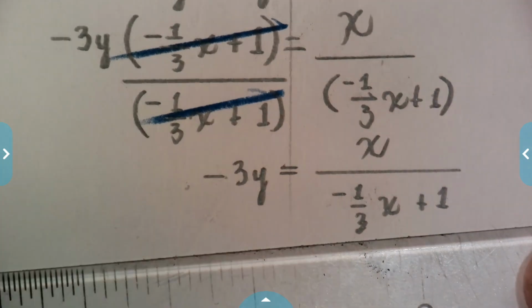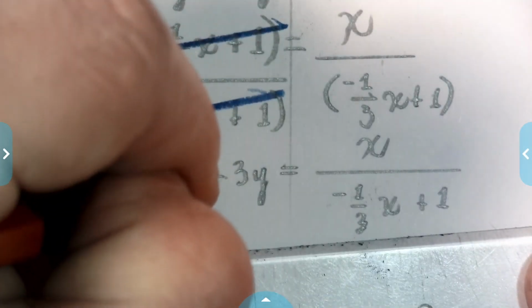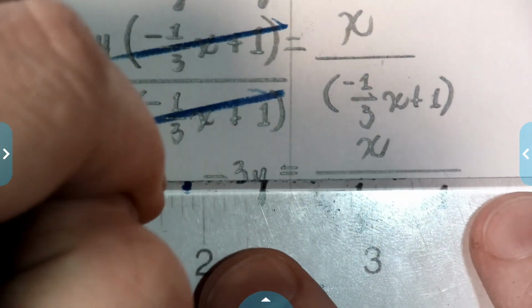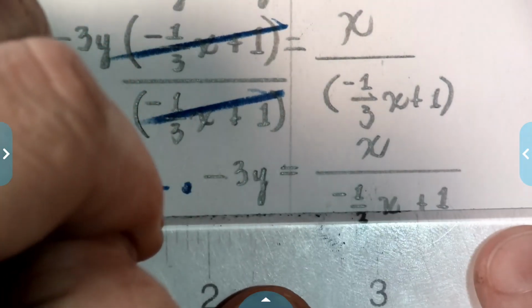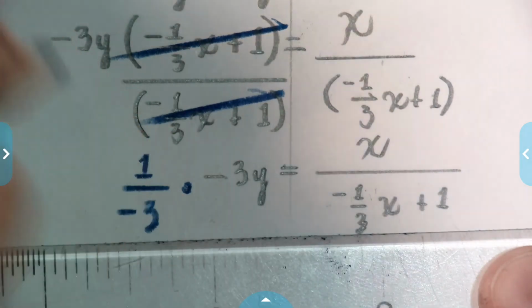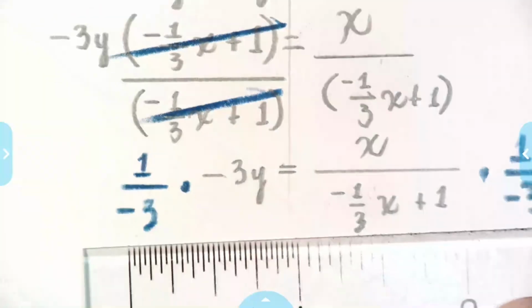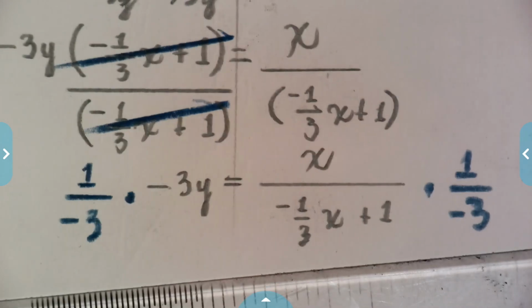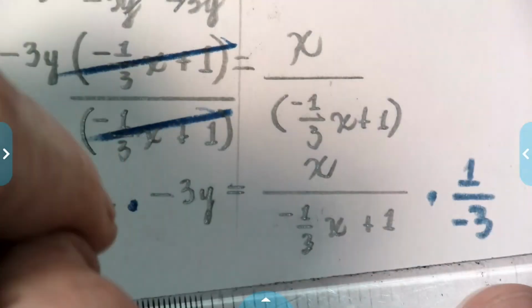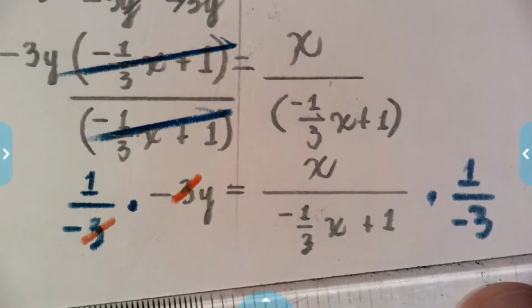The last step is to multiply both sides by 1 over negative 3. Now it's the right side that the interesting stuff is happening, and the left side is cool though because I just got y by itself.